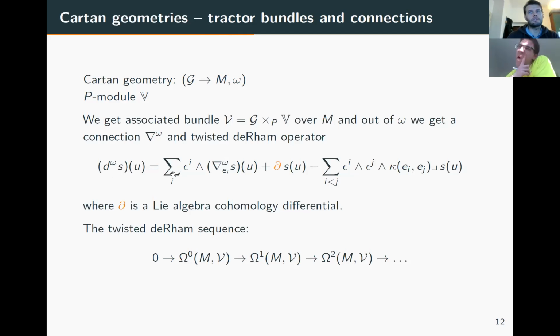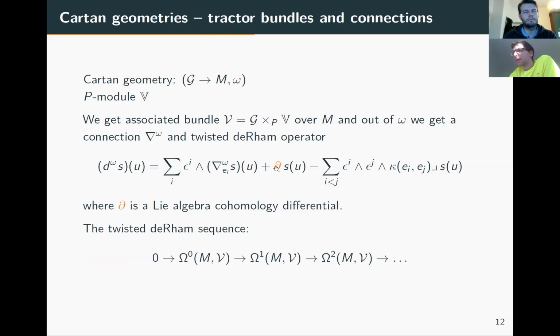But you can figure out a formula that looks like this. The epsilons are sections of the forms, and locally the formula for this twisted de Rham operator looks like this. You see you have some curvature terms, where kappa is the so-called curvature function, given by the curvature of nabla. Then you have nabla itself, but you also have this very important part, which is just algebraic, given by some algebraic operators.